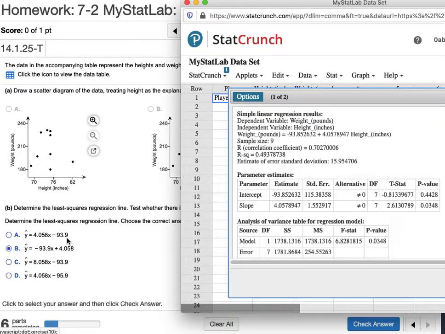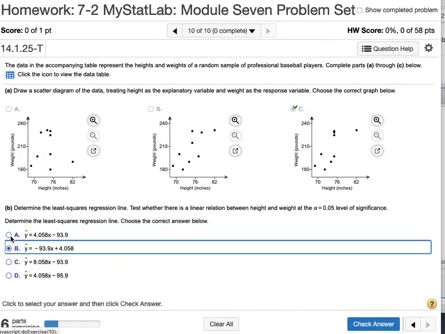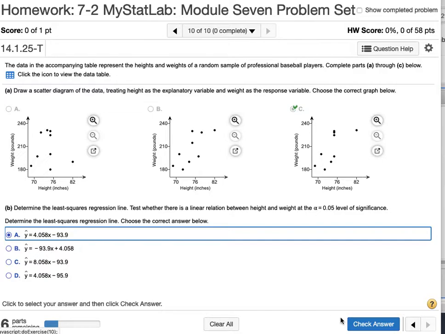Okay, so that looks right on track because that is our intercept. And it's negative and it's rounded. Perfect. Okay, so it's A, not B.